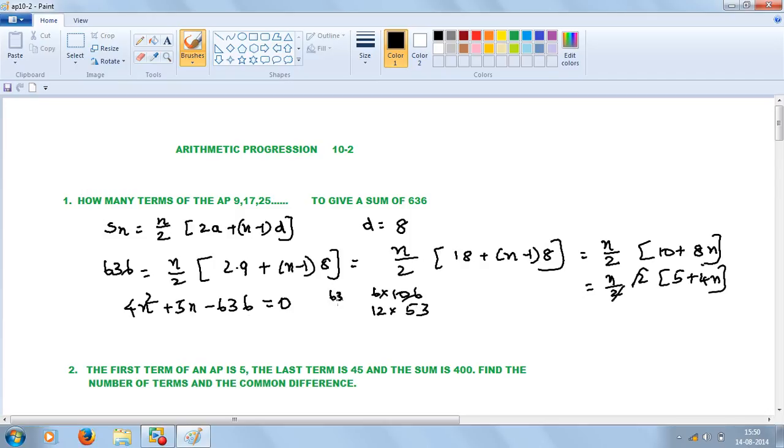The 4 is there, so we can solve this as 4n plus 53 multiplied by n minus 12.